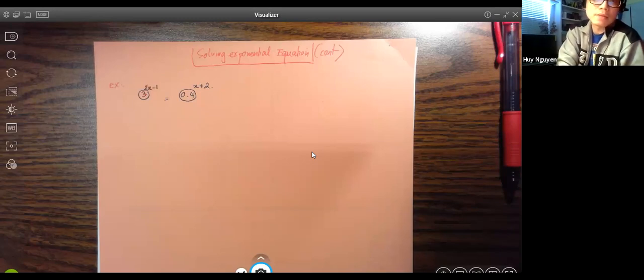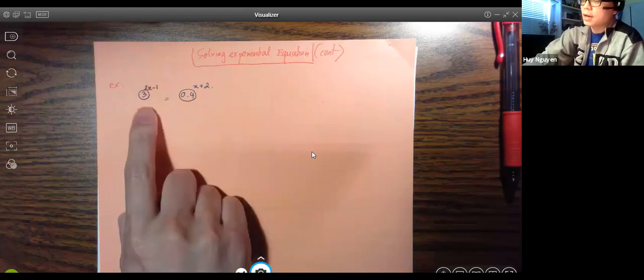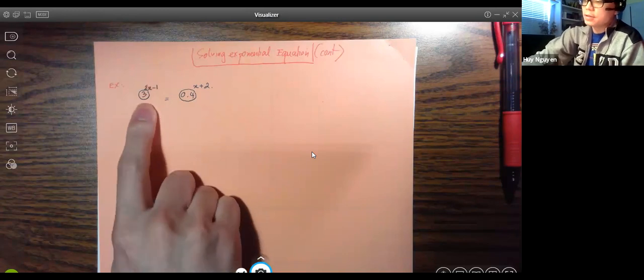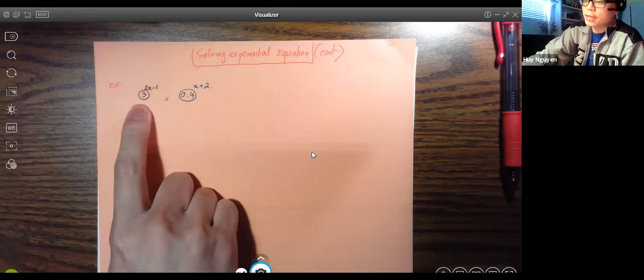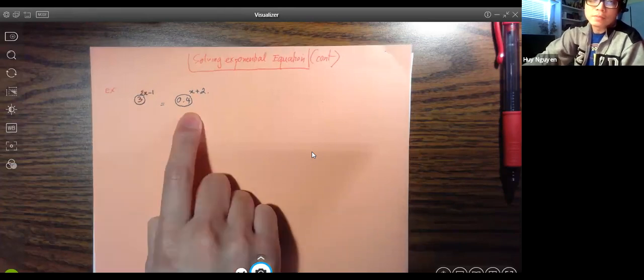The second method, which is the priority you should use for this problem, is to take log both sides. Last time, remember, I took log base 3, based on the base of the power number. So you can take log base 3 over here, or log base 0.4 if you want to.